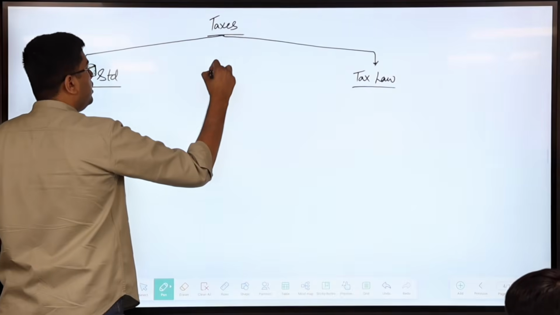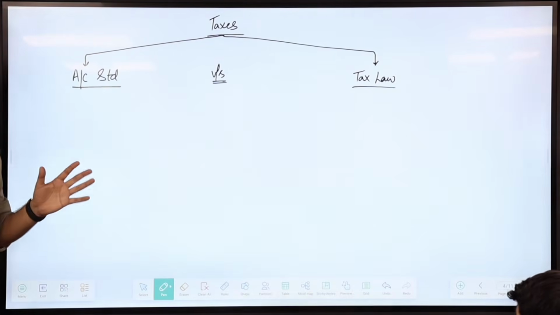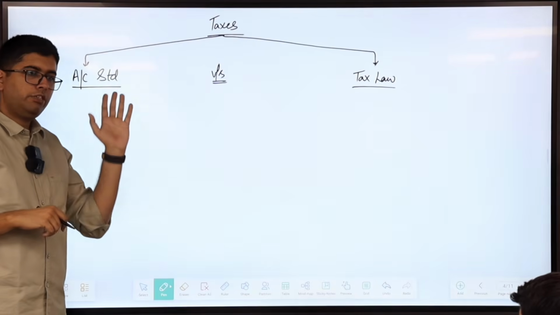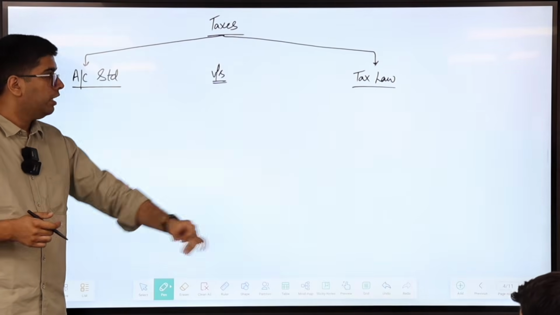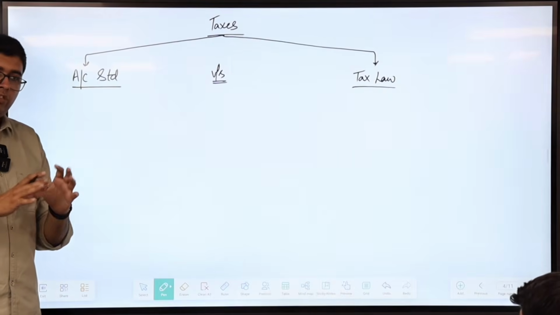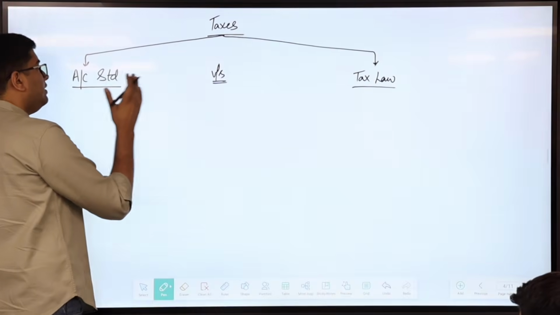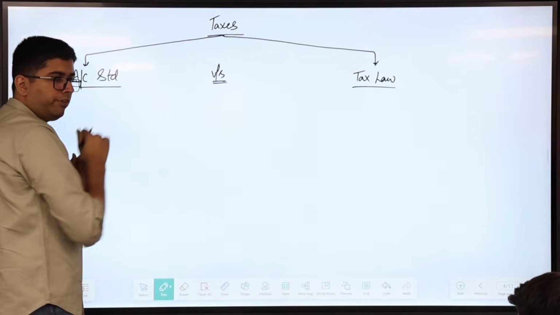Now, both of these are not the same because they are created with very different objectives. Accounting standards are created with the objective of disclosing the information. Tax law is created with the objective of tax collection. So since the objective of both the statements is very different, as a result, the same transaction can be reported in two different ways.